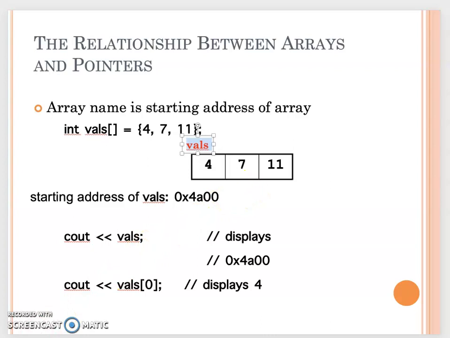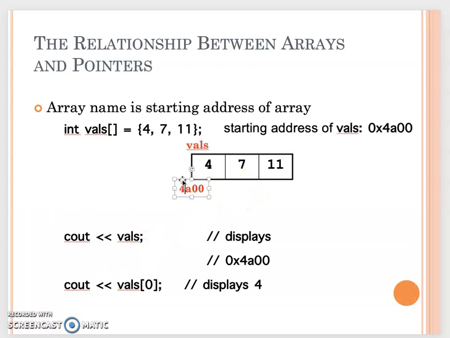Let me write it down. So this location is 4800, right? Good. Then continue. You see this line: 4 bytes for 1 integer. So for this line, it is another 4 bytes. Then this line will be another 4 bytes.